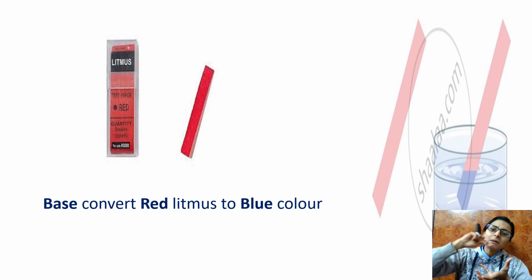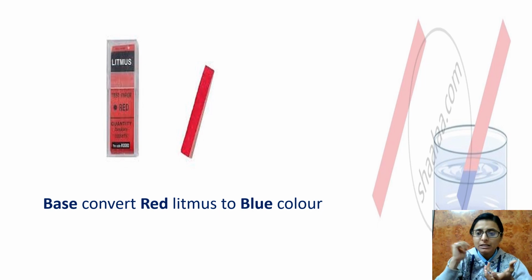Dip the red litmus paper in it. What do you see? The red litmus paper changes color to blue. It shows that the solution of detergent or soap is basic in nature, and you can do the same practical for other compounds present in your chemistry lab.